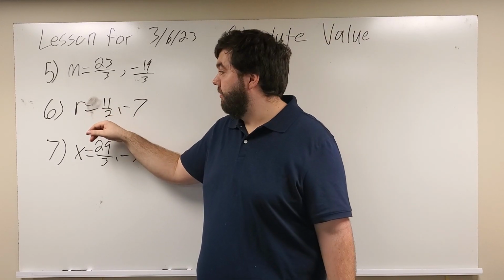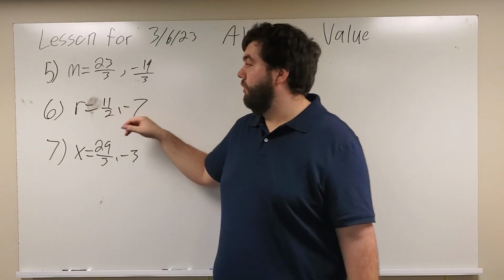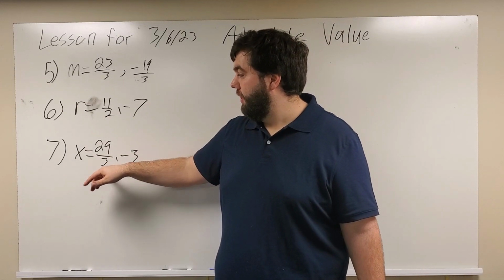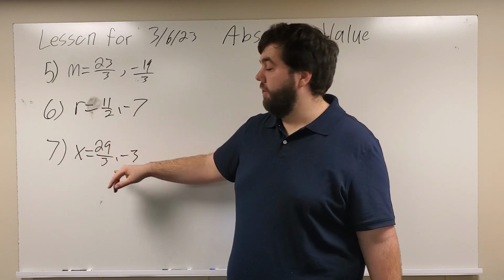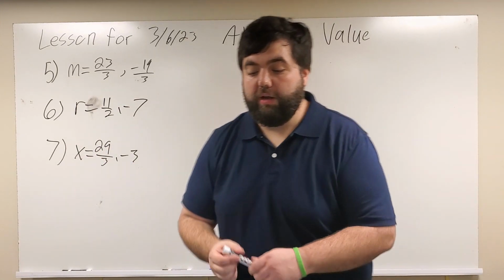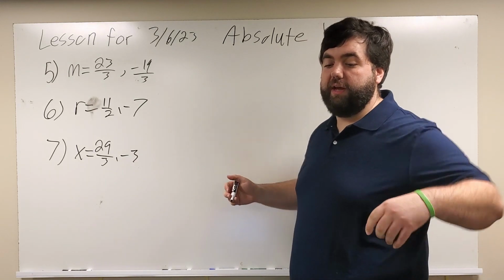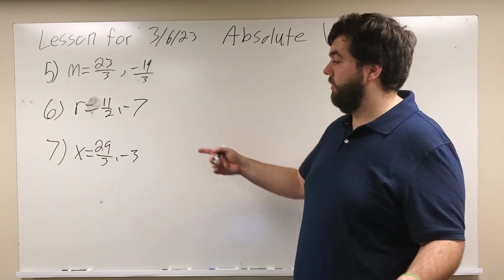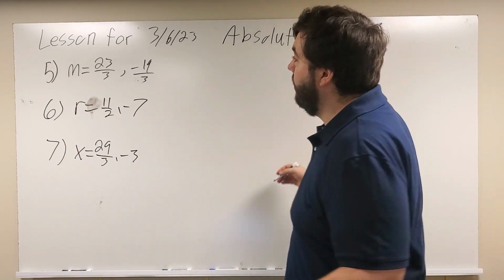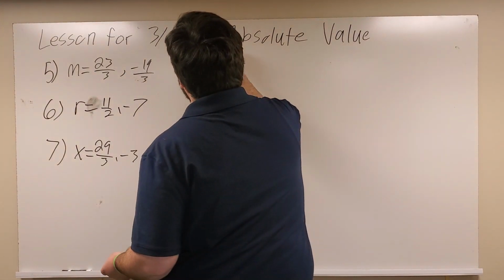For number 6, we get 11 over 2 and negative 7. And for number 7, we get x equals 29 over 3 and x equals negative 3. So hopefully you had some luck with those. If not, look over your work, see where you made a mistake, see if you can find those answers. Otherwise, we're going to move on to number 8.